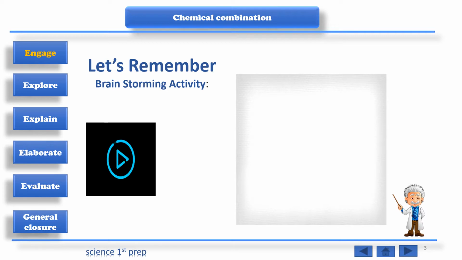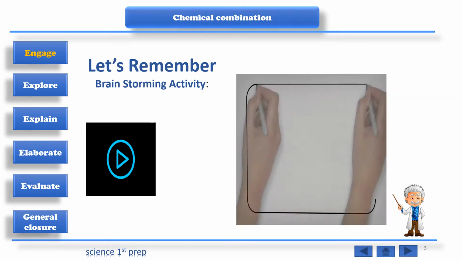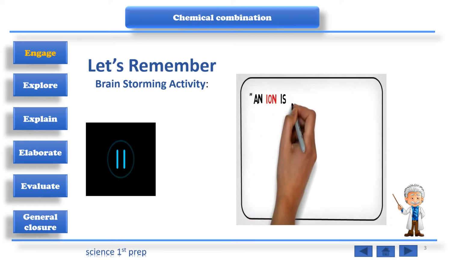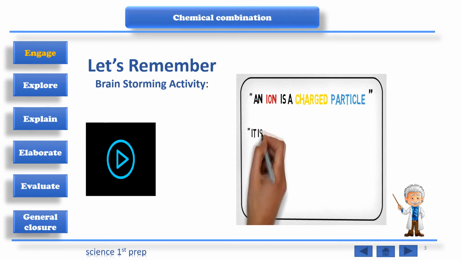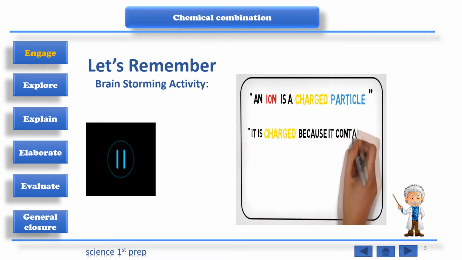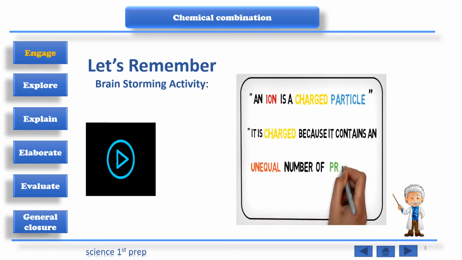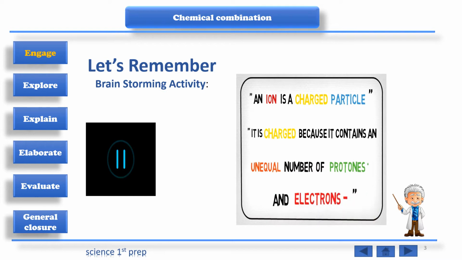And now let's watch this video together. We will be studying ions. An ion is a charged particle. It is charged because it contains an unequal number of protons and electrons.